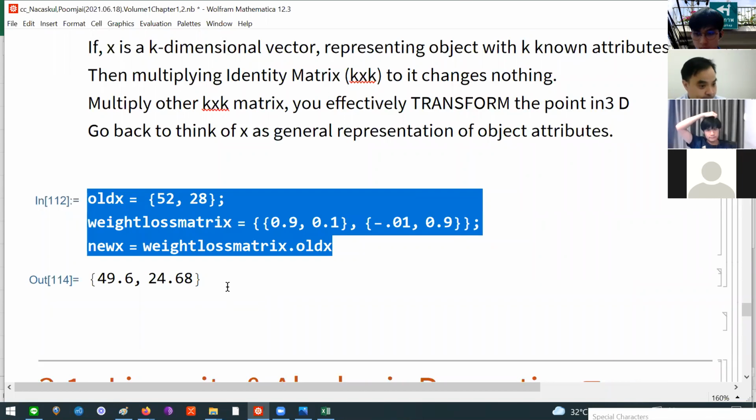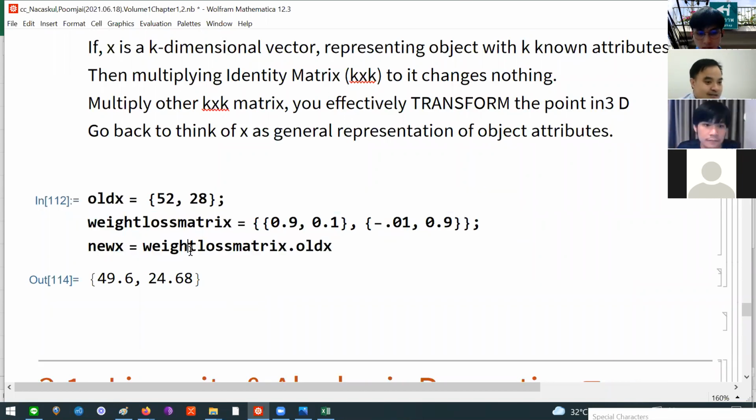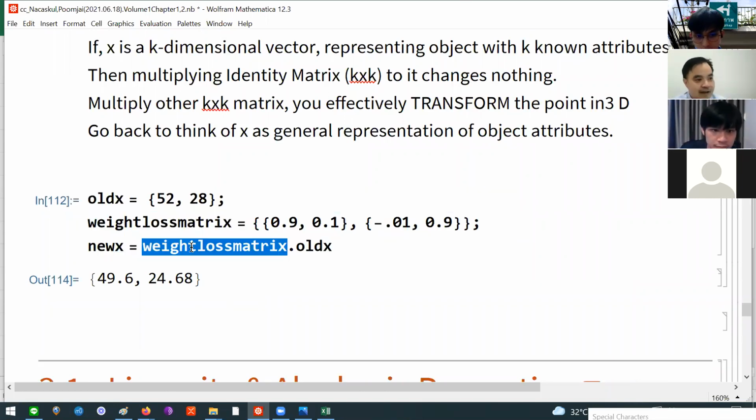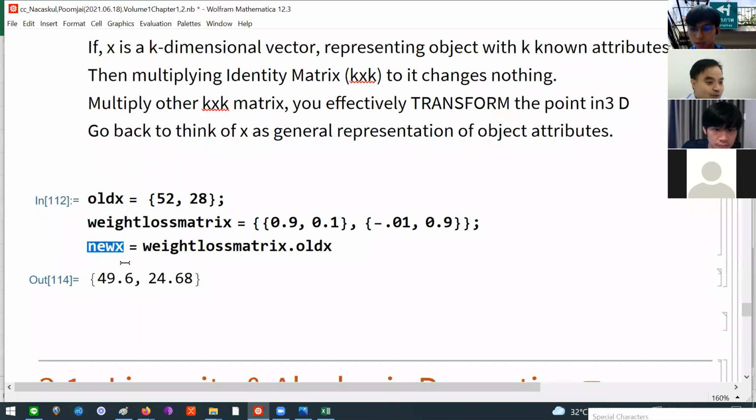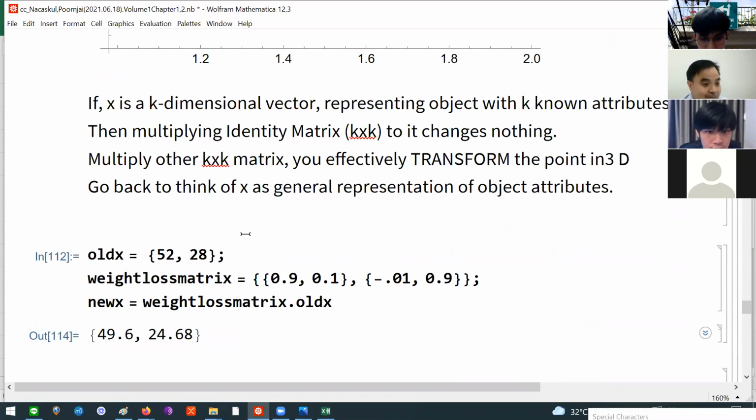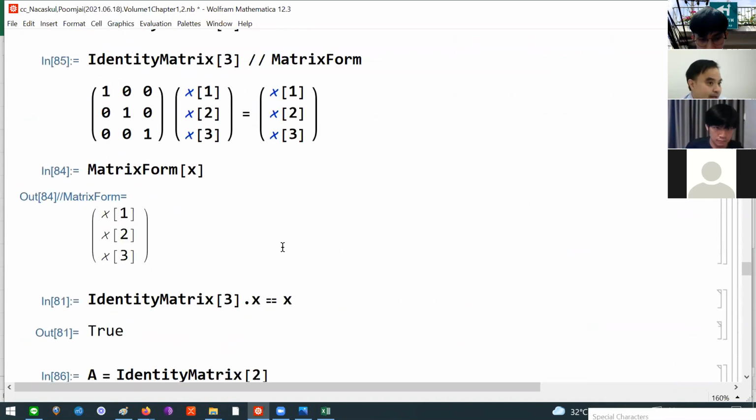This is the old you, and after this amazing exercise, running, high calorie burn program, the new you is 49.6 kilogram with a 24-inch waist or something like that. So that's basically what we are doing.